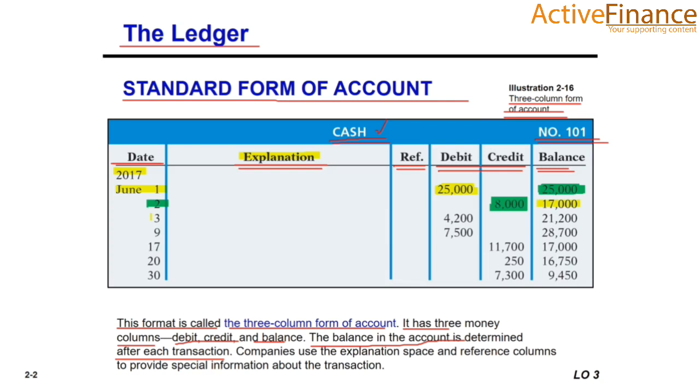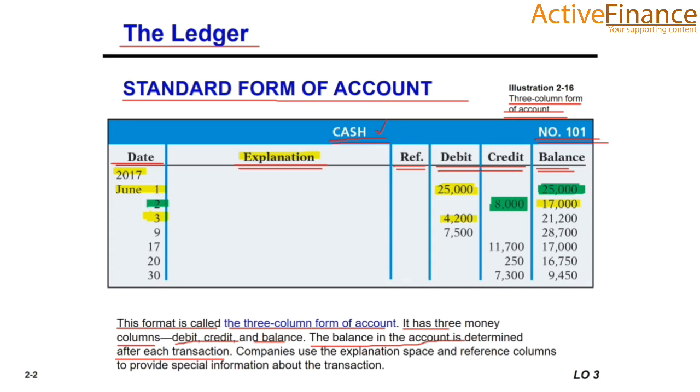Now you can easily understand that the balance in the account is determined after each transaction. Let's understand more about these transactions. On 3rd June we have debited the amount of 4,200. So if the amount is debited, then we will add it to the balance.